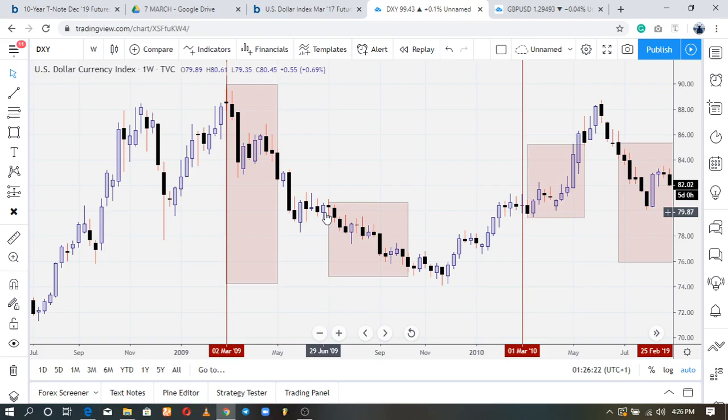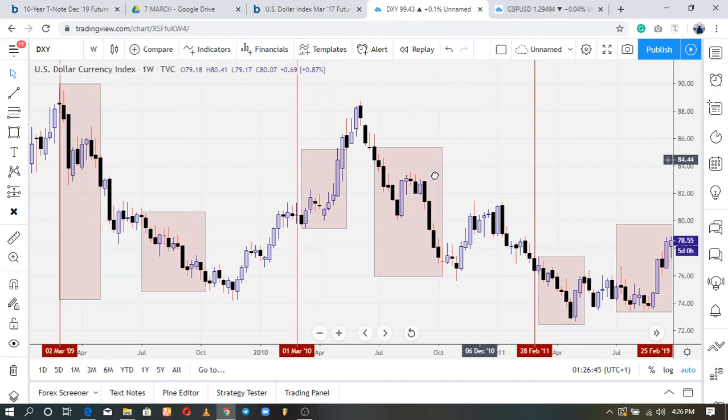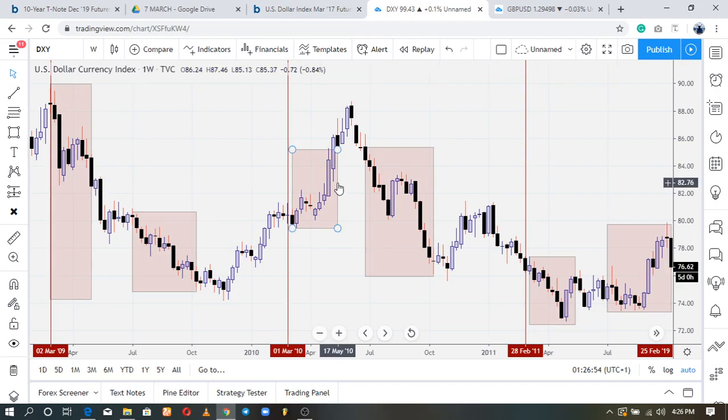And if we go to the next year, March 2010, we have a bullish seasonal on the DXY. We saw bullish price action from March going into the first week of May.